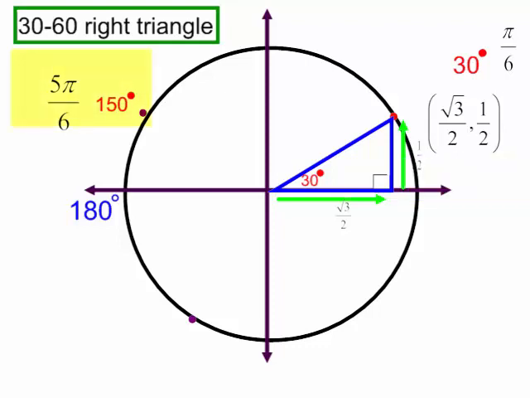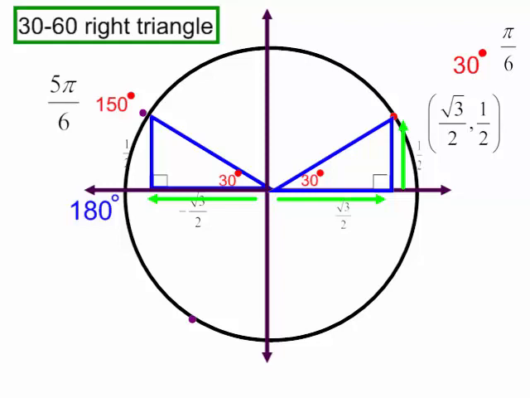What about 150 degrees? Well, I'm going to use the right triangle to help me. Now, 150 degrees is just 30 degrees before 180. So I do drop in a 30-degree right triangle. So this is the long side. Now, I know that distance is always positive, but the reason I have negative square root of 3 over 2, is because I will be going to the left in my coordinate plane to get to this point.